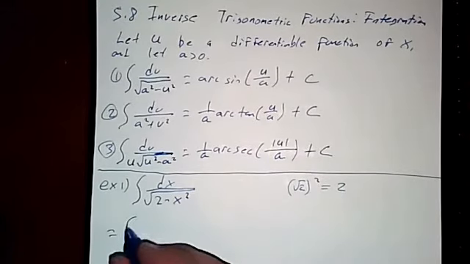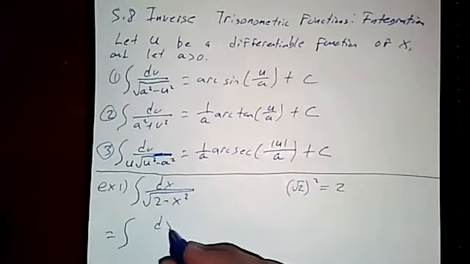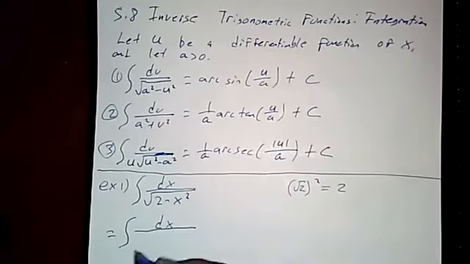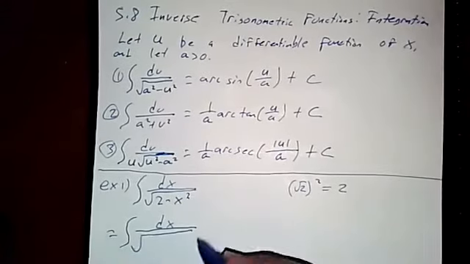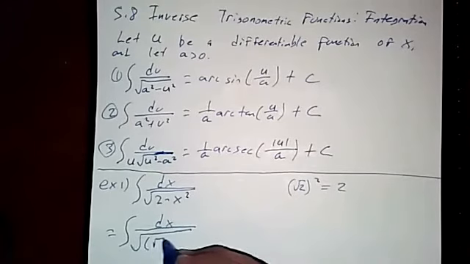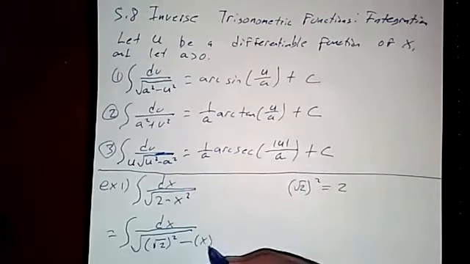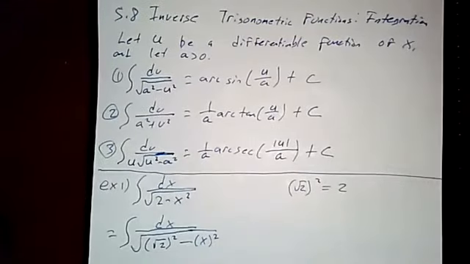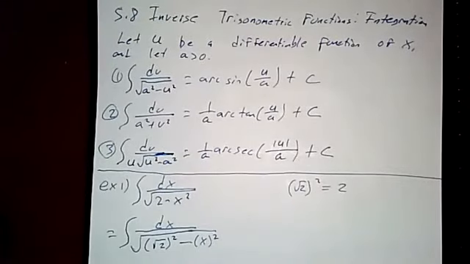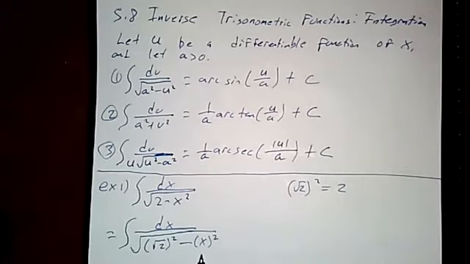So we will rewrite this question as the integral of dx over the square root of root 2 squared minus x squared. Now it's set up just like number 1. There's my a and u.